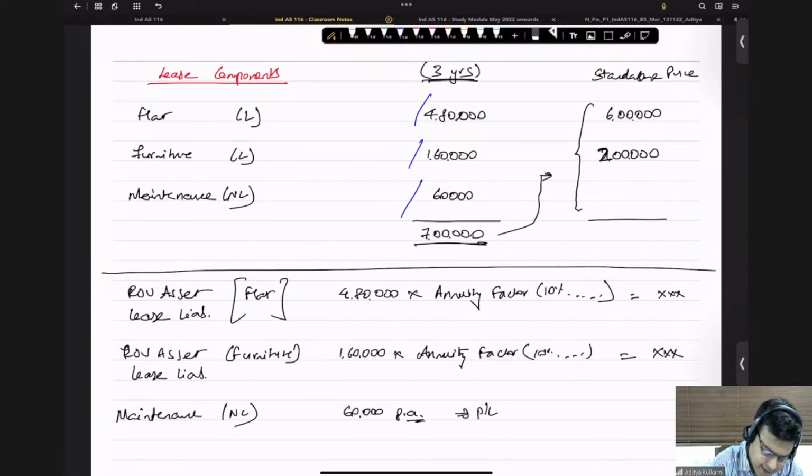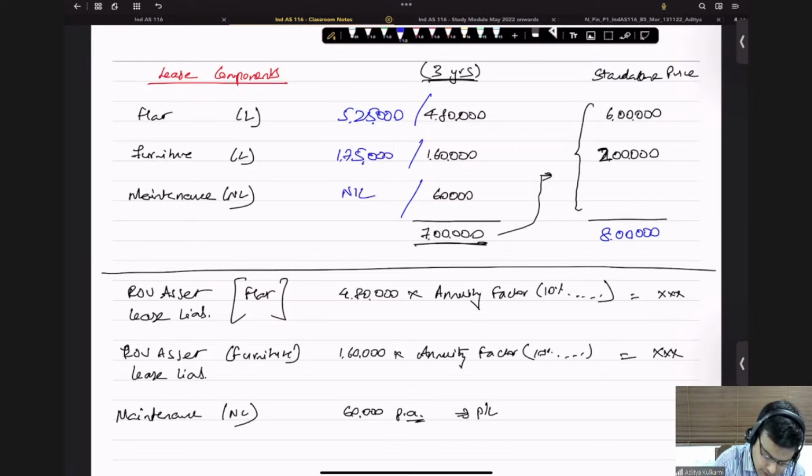So I will divide 7 lakhs in the ratio of 6:2. Okay, so 7 lakhs divided by 8 into 6. So this will be 5,25,000 and the other one is going to be 1,75,000.